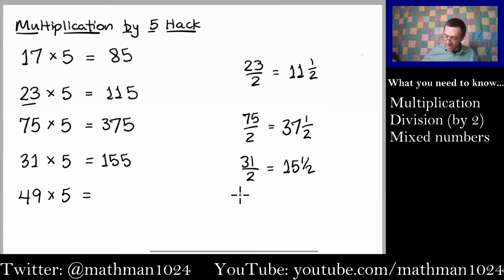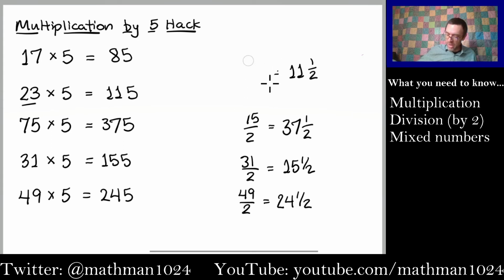And 49 times 5, again, go off to the side. Half of 49. See, 49 is just 1 above 48. Half of 48 is 24, so 24.5. 24, and then we add on the 5 there. So, again, to me it's a fairly simple thing when you do this over and over again.